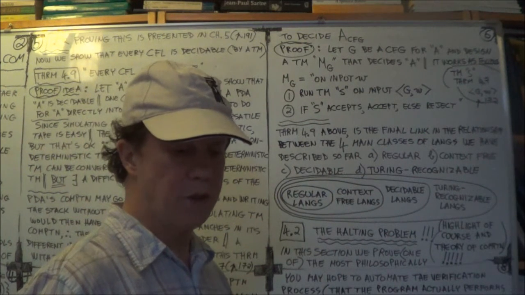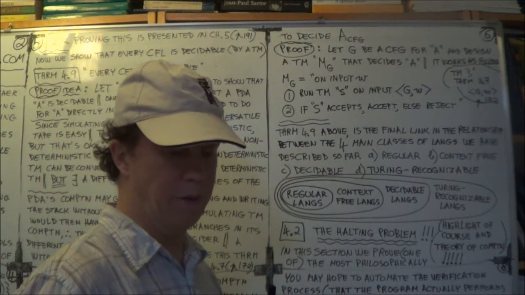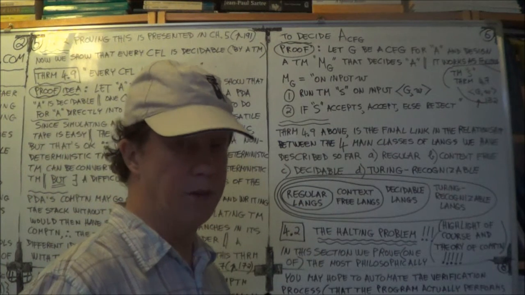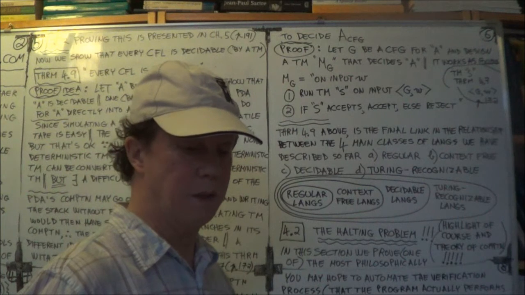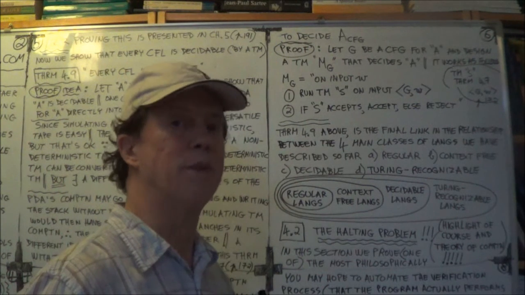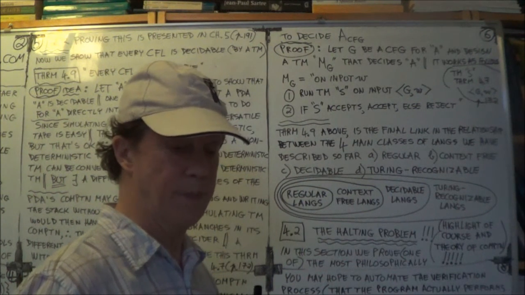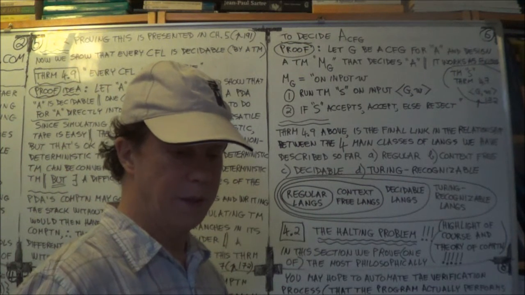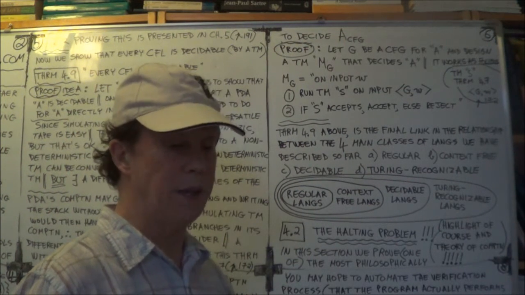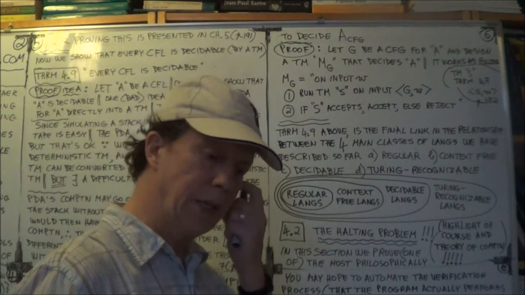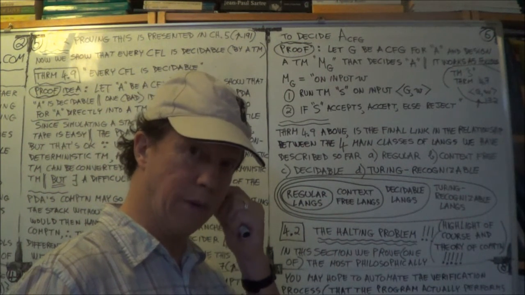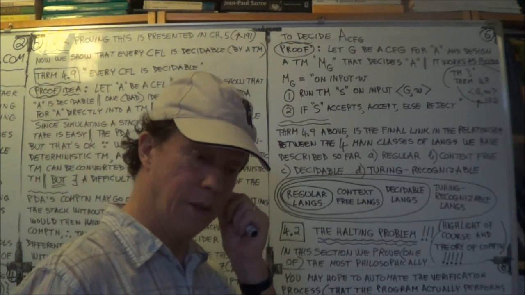It means that if a string is a member of a language or a set, then there is a Turing machine that can accept that string, but may not be able to reject other strings that are not a member of the language.